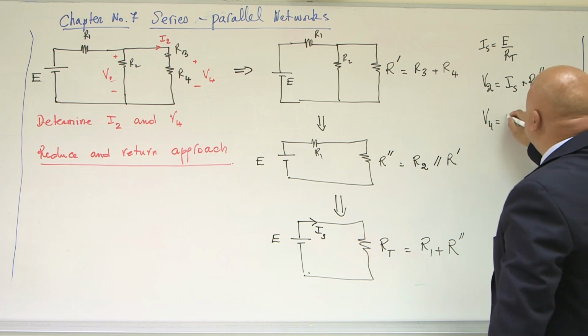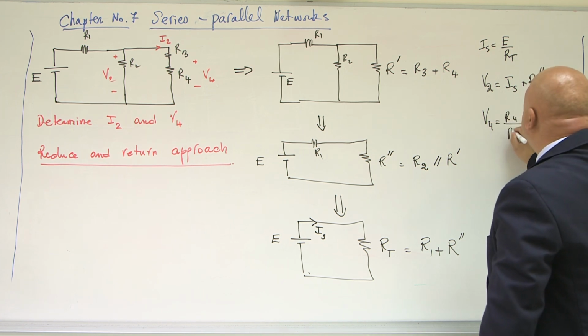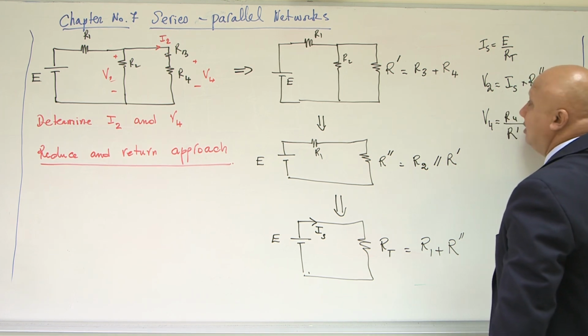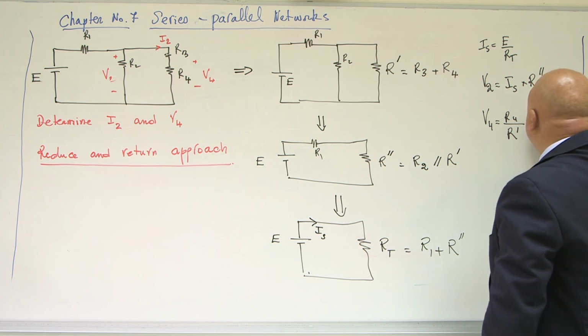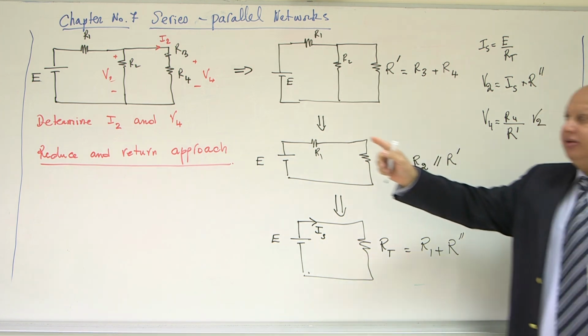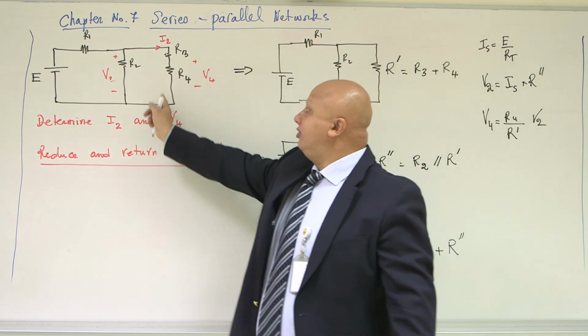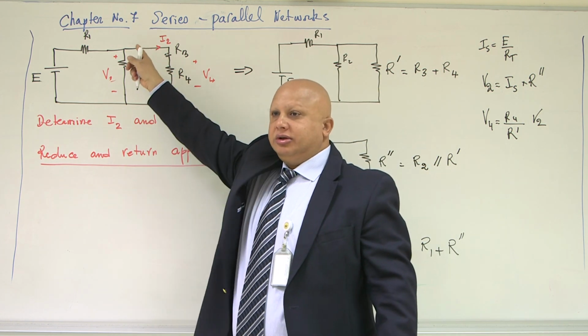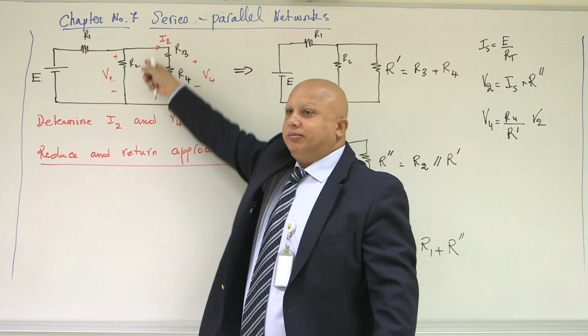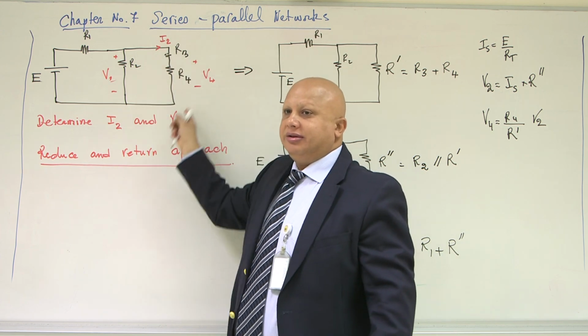The voltage across R4 is the total voltage V2 times R4 divided by R dash.